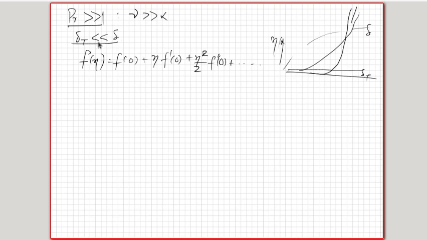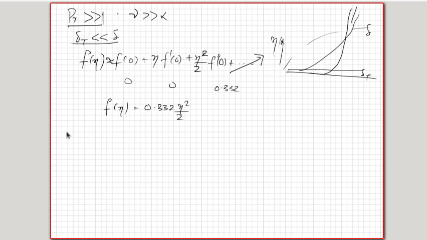Since this is a small value of eta, I can neglect the higher order terms, so I can just make it approximately equal to this. And since by boundary condition f of 0 is 0 and f prime of 0 is also 0 and f double prime of 0 is 0.332, I can say f at any eta is going to be equal to 0.332 eta squared by 2. Okay, so I can use this in the solution.